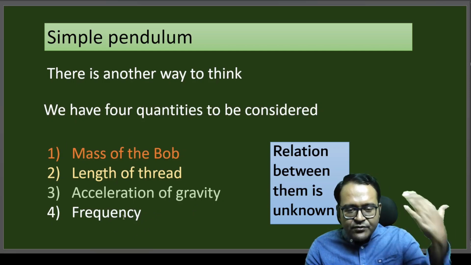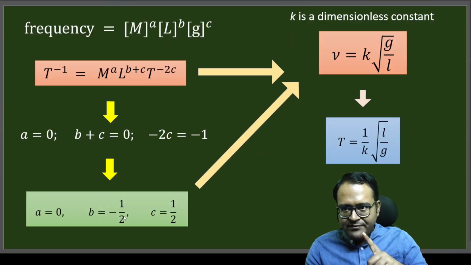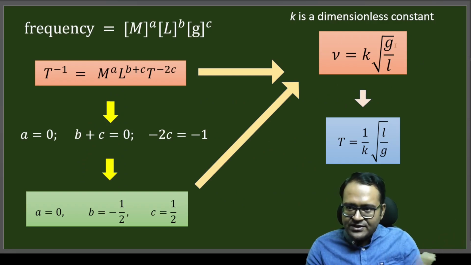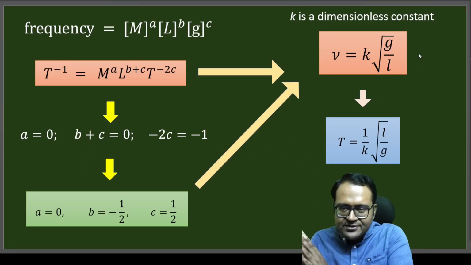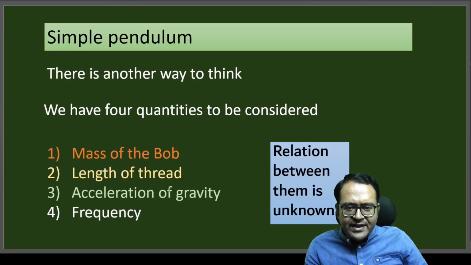That means these four quantities have a relation. You have written frequency at left and these quantities at right. You could have written L at left and all other relevant quantities at right. That is simple algebra. So in a generalized sense, I say there is a relation between mass of the bob, length of the thread, acceleration of gravity, and the frequency.